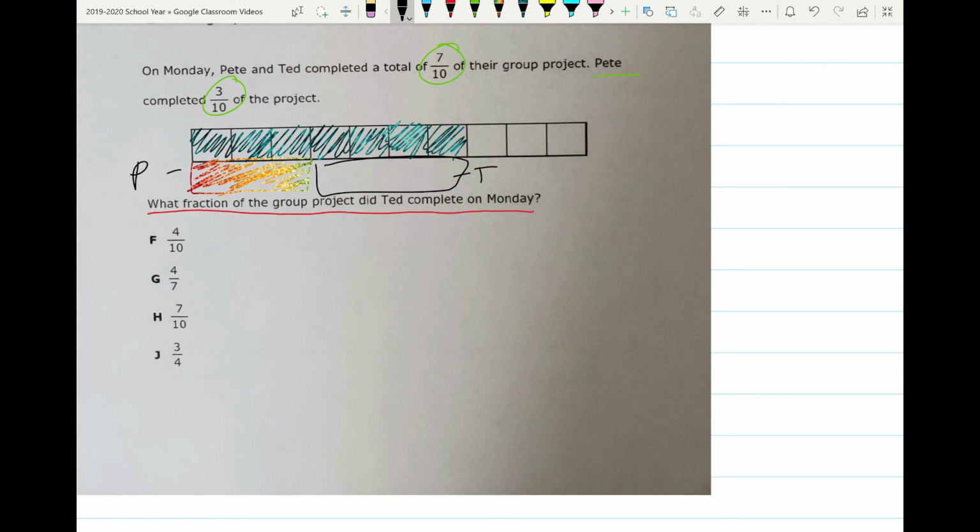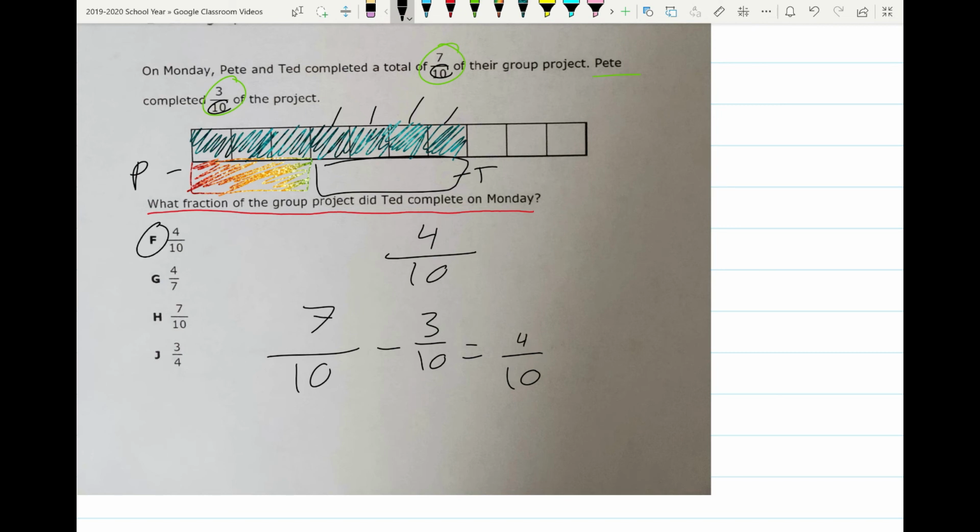Ted. Let's count. 1, 2, 3, 4. So my numerator is 4 out of my denominator, which is 10. And we can easily check this because 7/10 minus 3/10, remember, my denominator stays the same. 7 minus 3 is 4. My answer choice is F. Okay, let's go on to the next one.